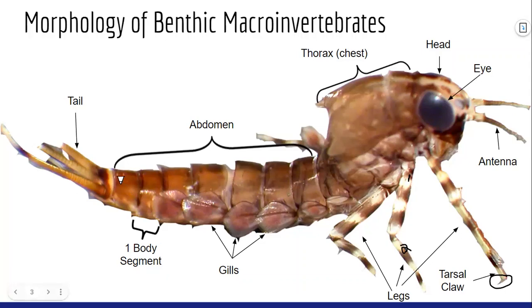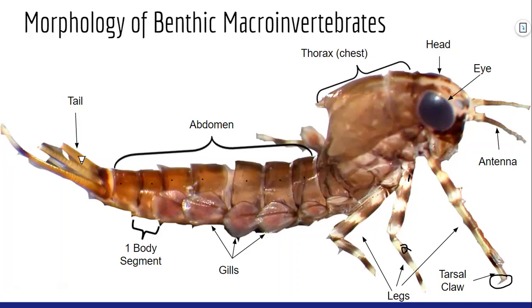So you can see this one has 1, 2, 3, 4, 5, 6, 7 abdominal segments. Sometimes the gills are present on the abdomen as well. Sometimes they're present at the end of it, or at the end of an abdomen. But we also have tails at the posterior end of the abdomen.